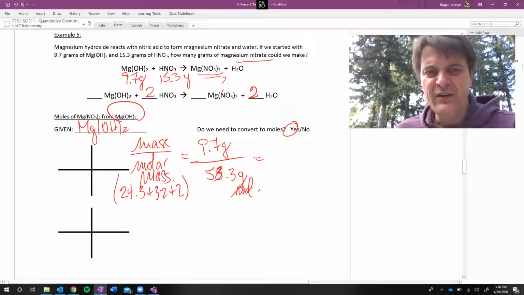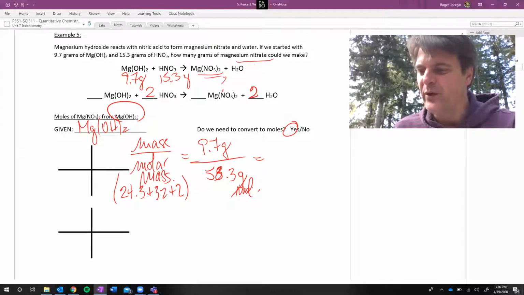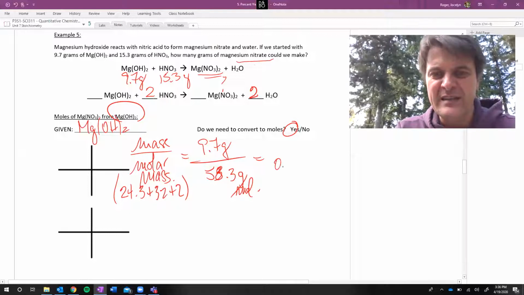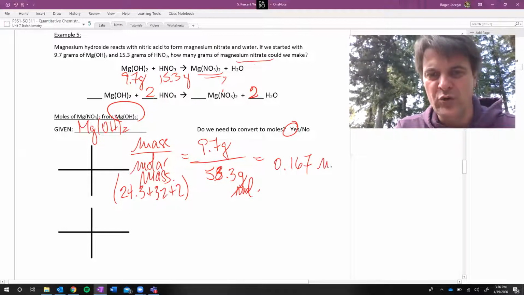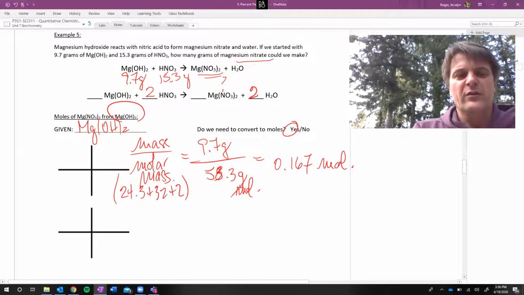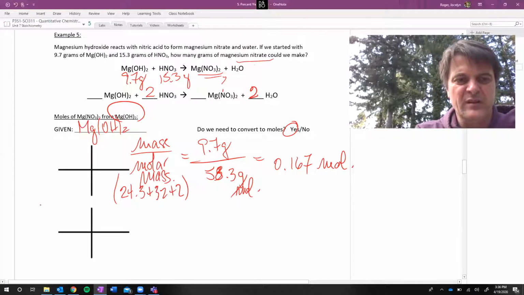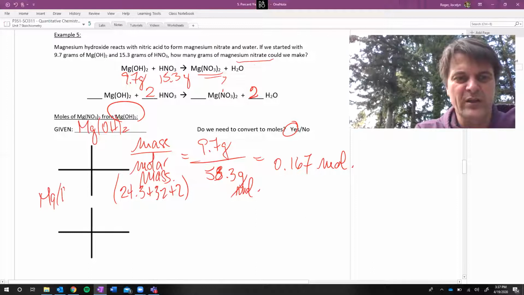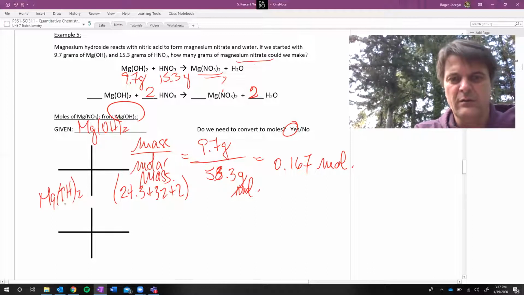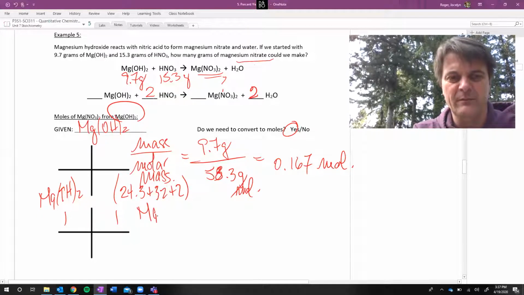So 9.7 divided by 58.3, and we have 0.167 moles of Mg(OH)2. The balanced equation says that we start with 1 and we're going to make 1 magnesium nitrate.